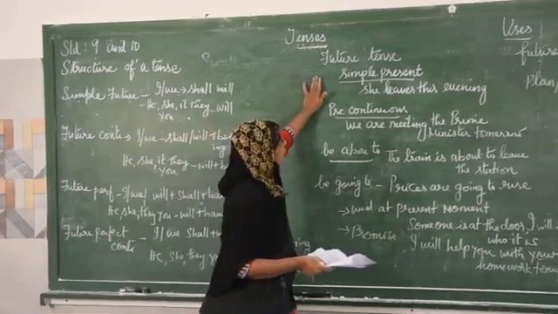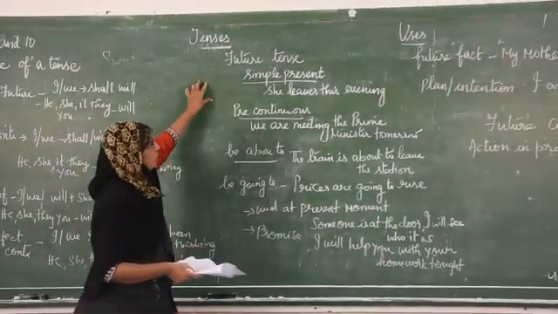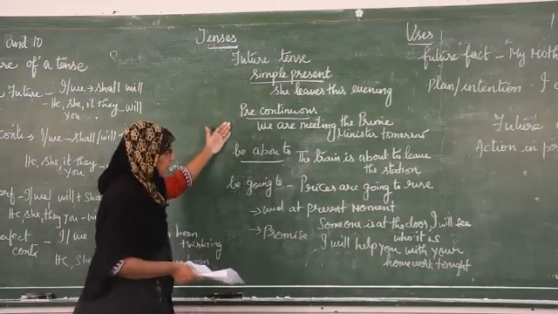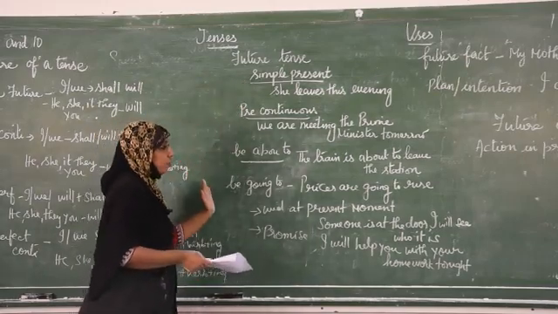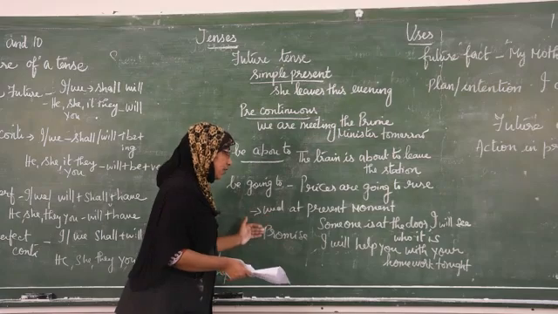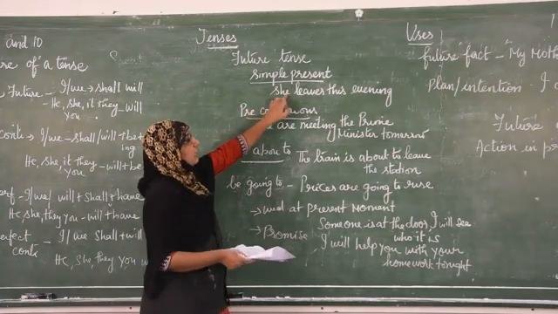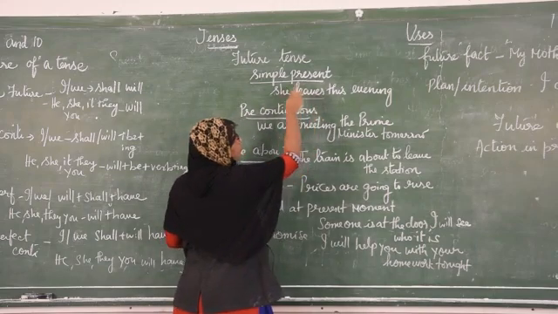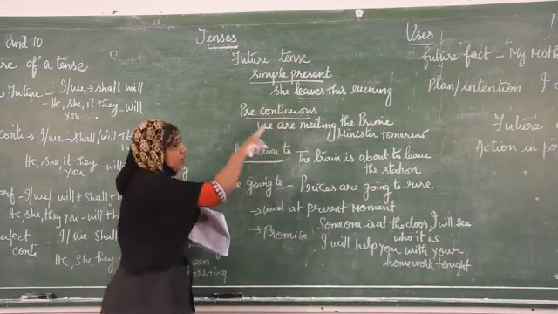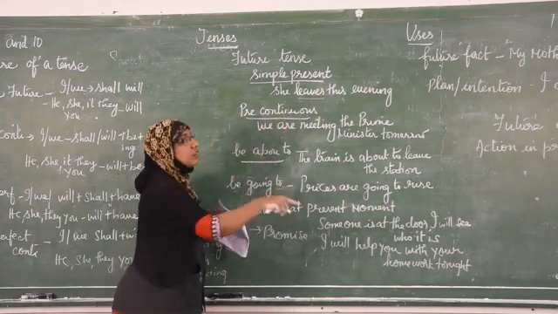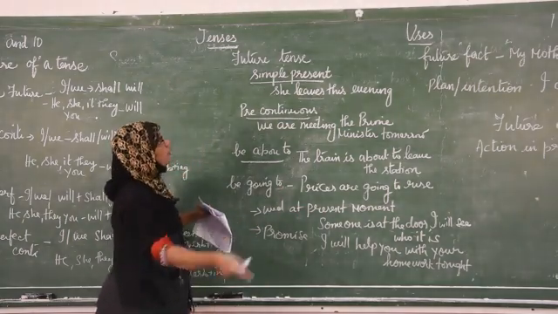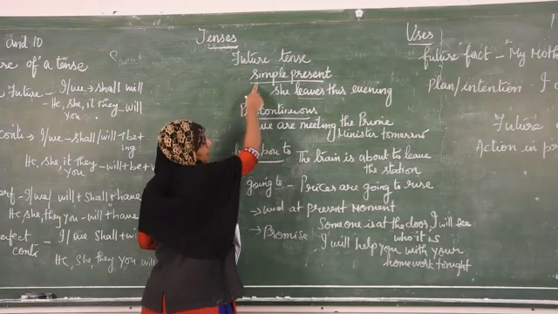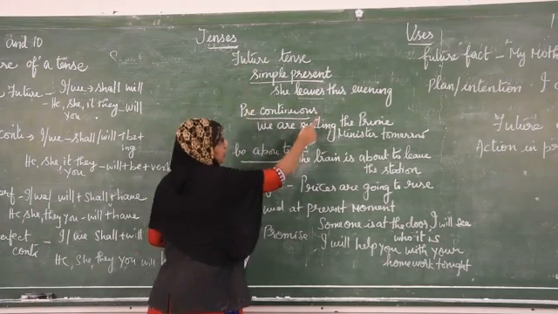Now, how to use? What are the usages of the future tense? The future tense can be expressed in the form of simple present or present continuous. The action is going to happen in the future. You can see, she leaves this evening. Here the verb is in present form, but it refers to an action which is going to take place this evening in the future.